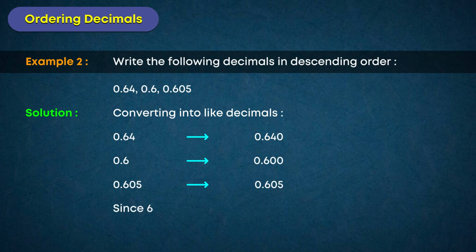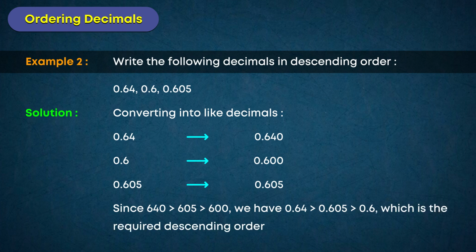Since 640 is greater than 605, which is greater than 600, we have 0.64 is greater than 0.605 is greater than 0.6, which is the required descending order.